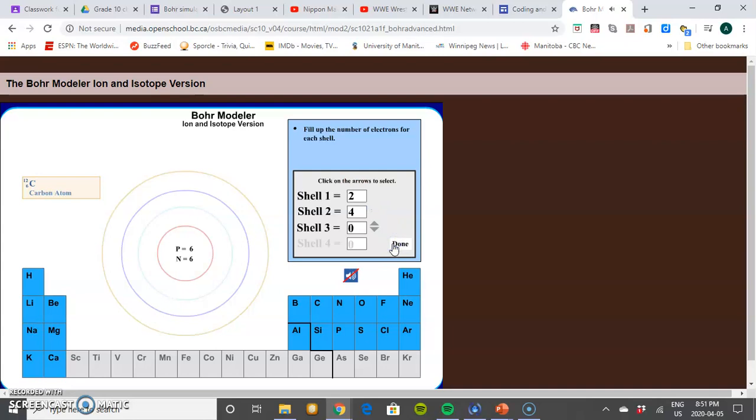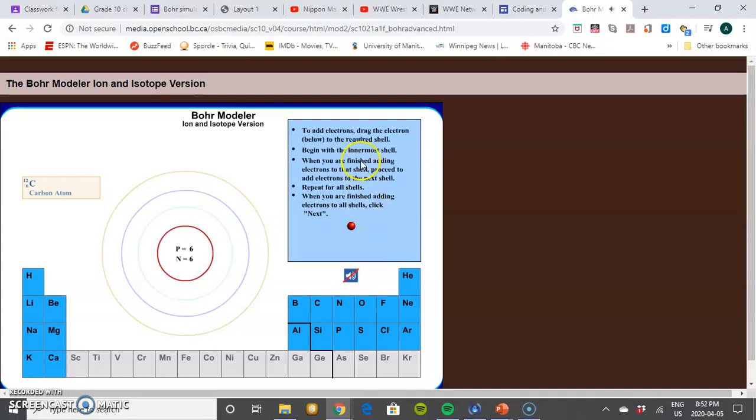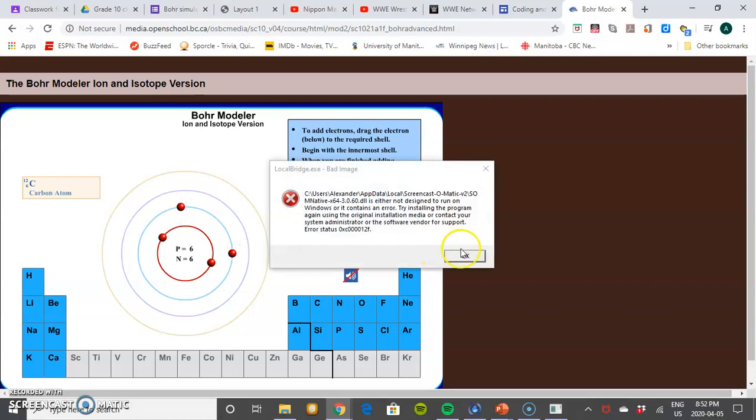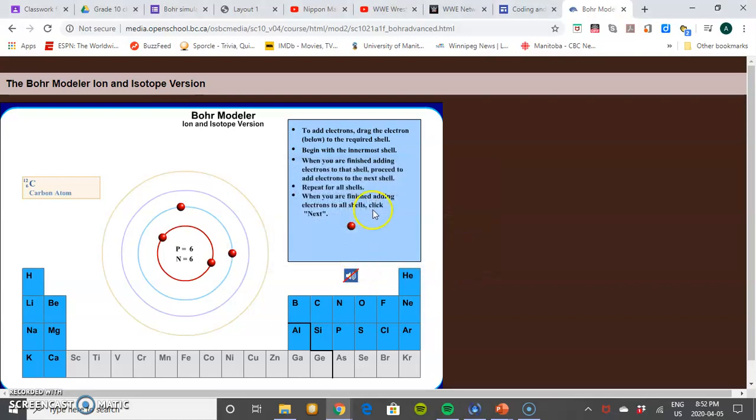Now we've used up all of our electrons, so shell 3 and shell 4 are both going to be 0. When we make the diagram, we can put 2 electrons in the first shell, and then 4 electrons in the second shell. I don't know why that alert keeps popping up every time.